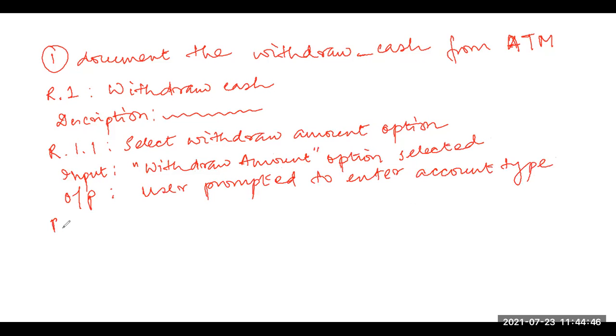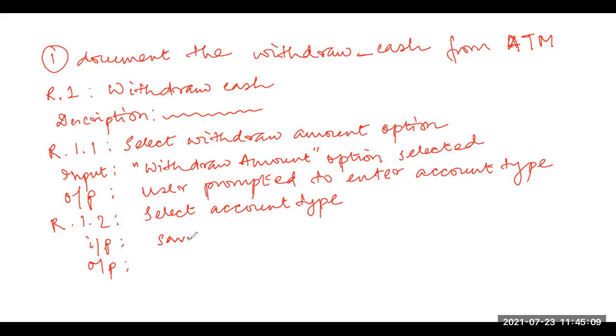Fine. Next, what was there? Next, there was select account type. Here, what is the input and what is the output? So the input is that the user selects an option from any of the following.